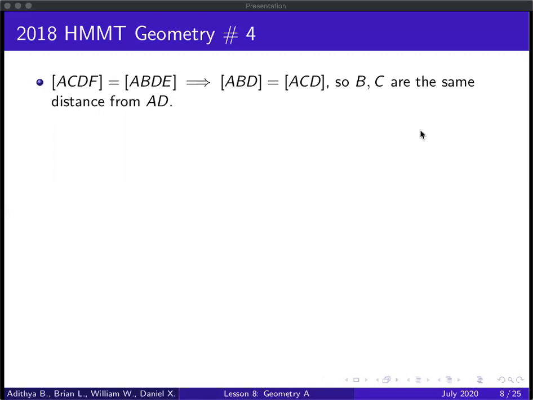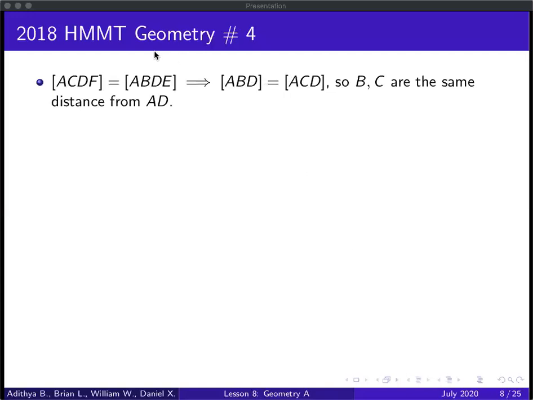So in particular, this tells us that these two lines, AD and BC, are parallel, because if they're the same distance from the line, then they have to be parallel. So that was useful. That was a good interpretation of that information from the problem.